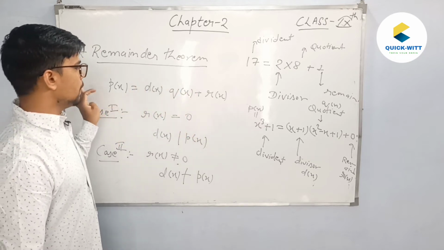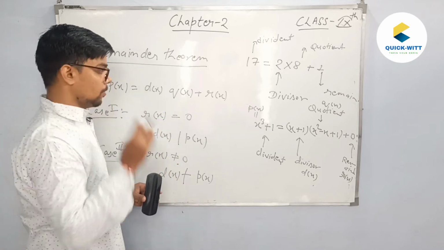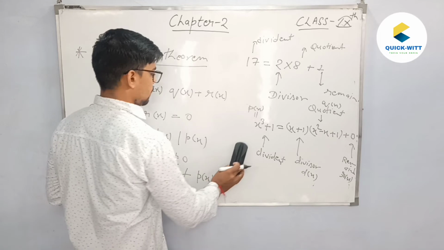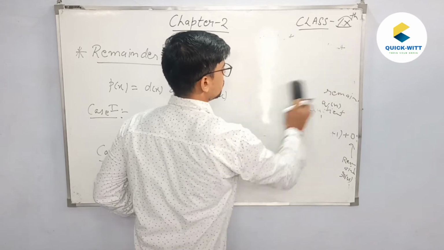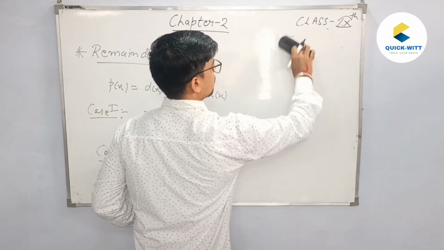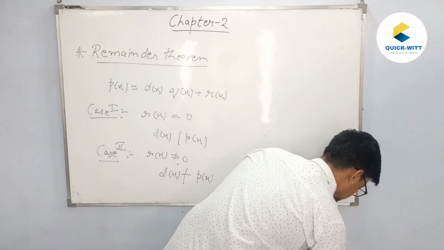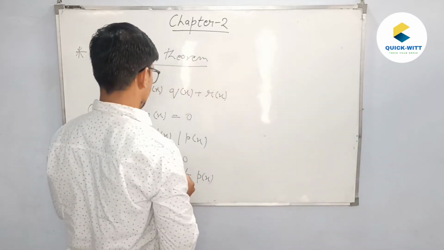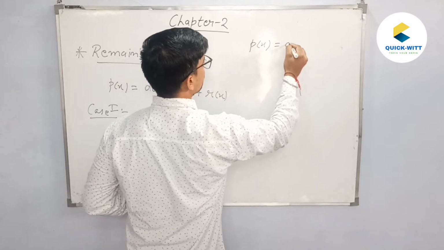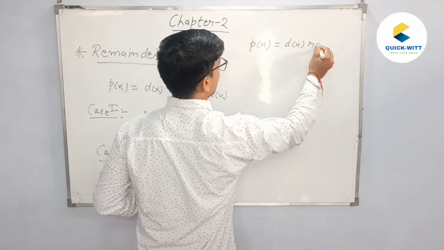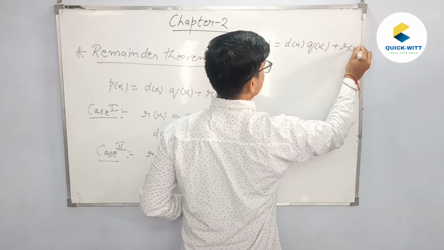So this is the same concept as we know in our numbers, and I will just apply this on the polynomials. Okay, now I will get something more. I will explain you. Here is p(x) equal to d(x) into q(x) plus r(x).